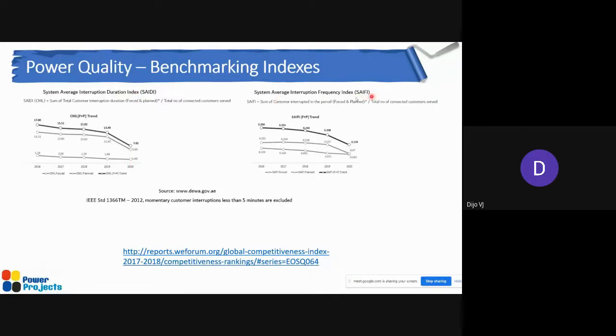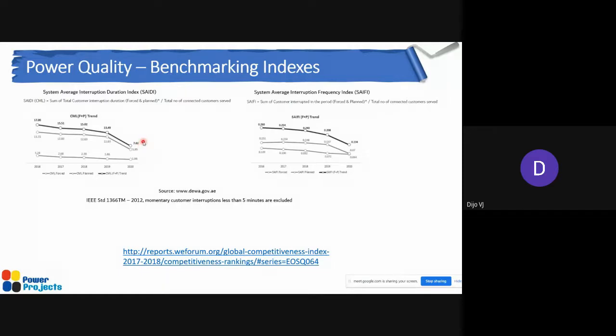And SAIFI is nothing but the frequency, how many times it happened. I was working with the Dubai Electricity and Water Authority earlier, so this is the data from their website. This is their claim: as per their statistics, in the year 2020, the number of minutes a consumer didn't have supply in a year is only 7.61 minutes.